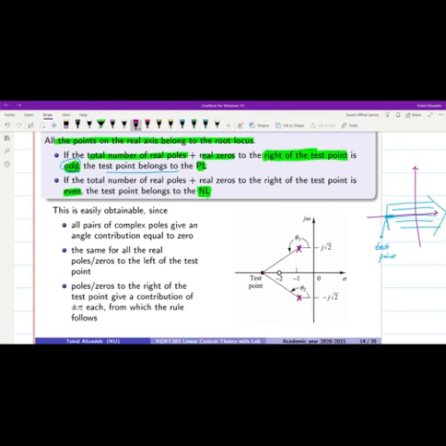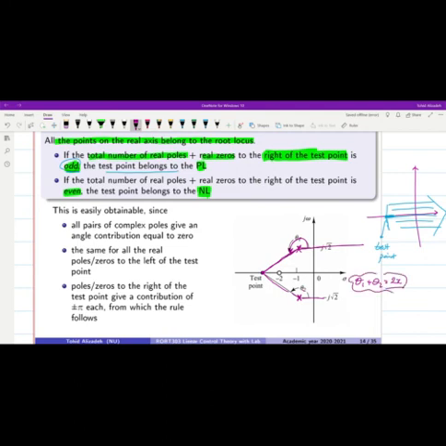So if this is the test point, and I want to find out the angle contribution from a pole, we draw the horizontal line towards plus infinity. We connect that pole to the test point, and then this will give us θ1. If I do it for the complex conjugate pole, we will get θ2, and you can see that θ1 plus θ2 will be equal to 2 pi.